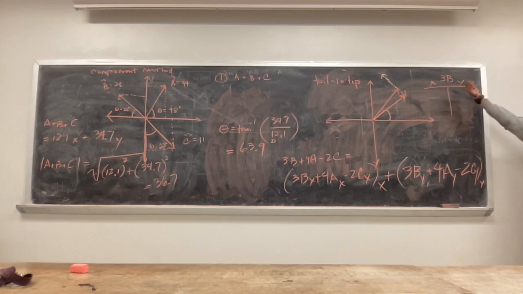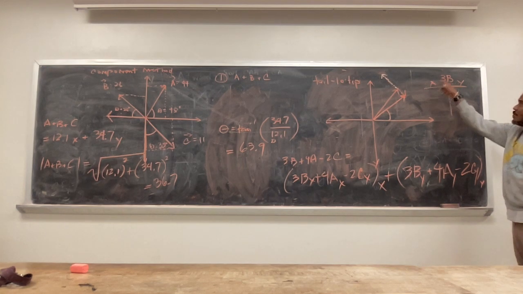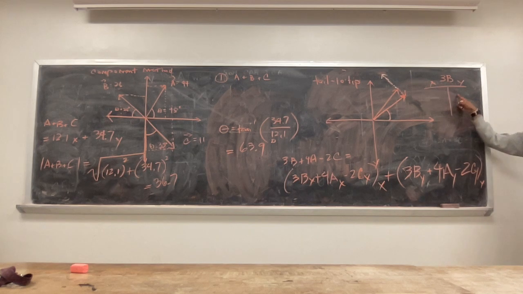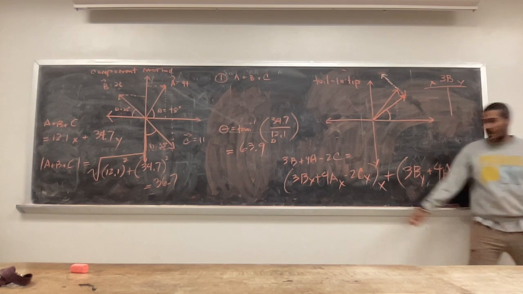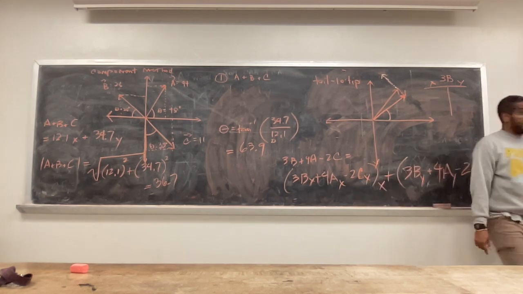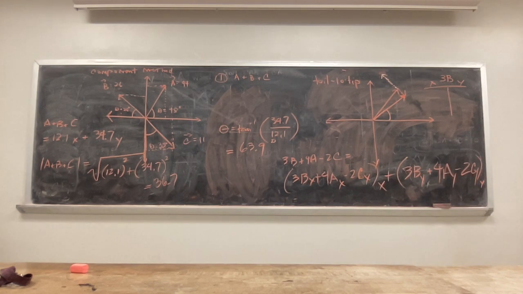You can do it like that, or like that. All this means is that when I get my x component, I multiply it times 3, and my y component, multiply it times 3, and then add them instead of doing it right here. You follow me? Good.